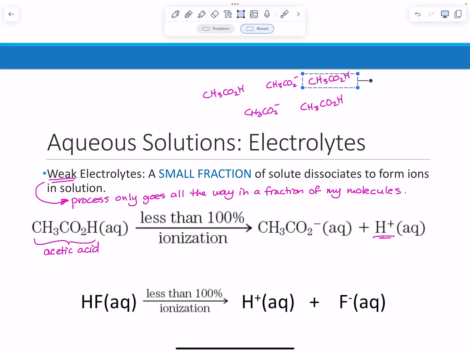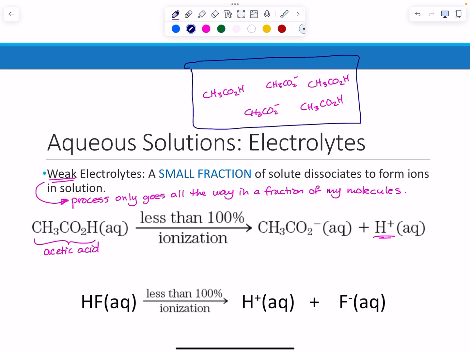Here we go. So if I have these molecules in my very short, squat beaker here, what you'll see is that all of them are surrounded by water, so all of them are dissolved.